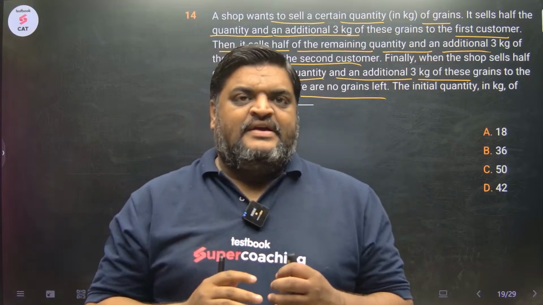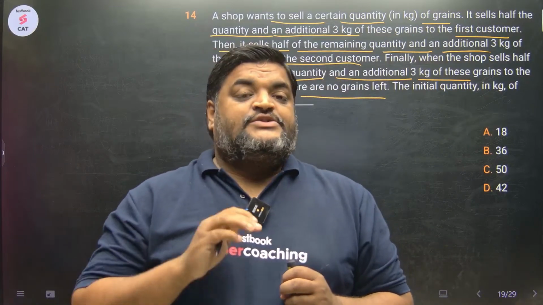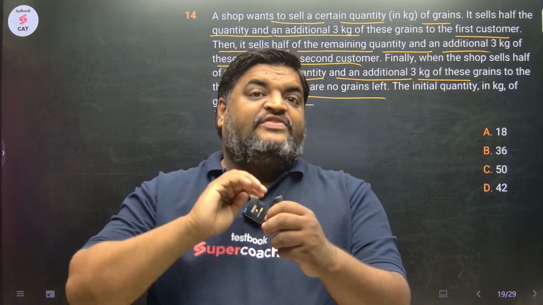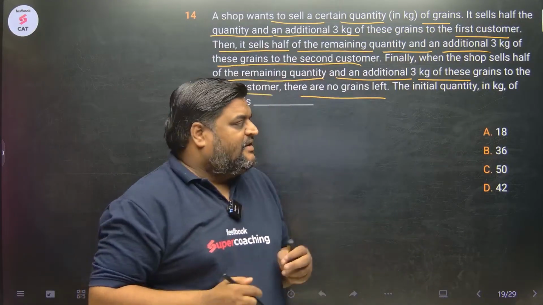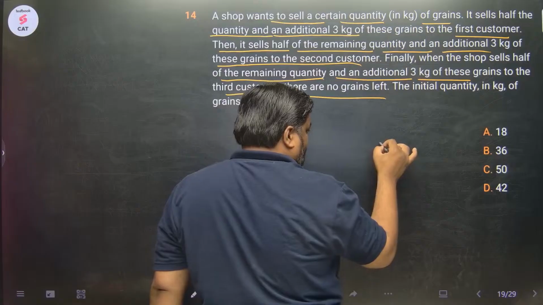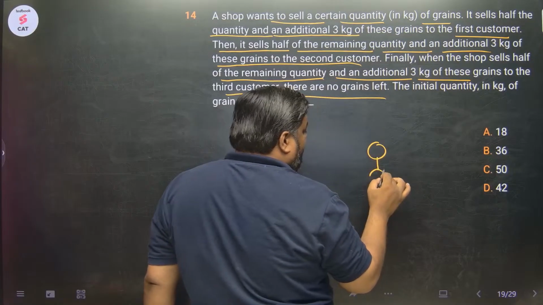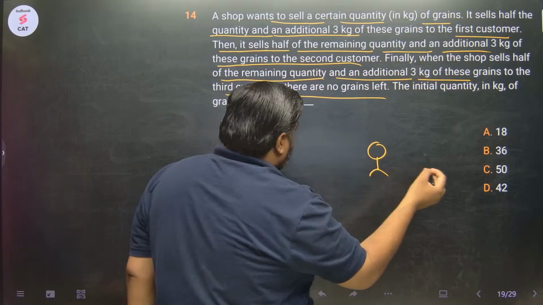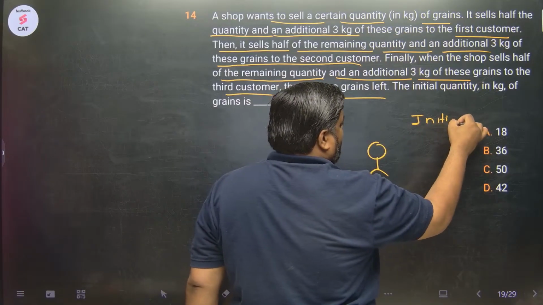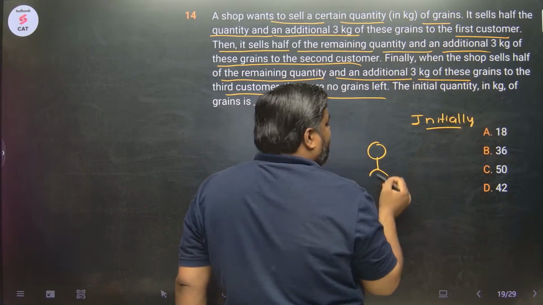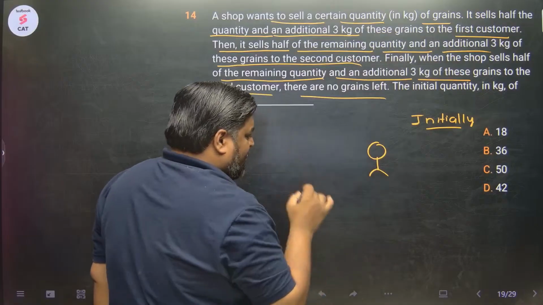First customer को he sold half and gave 3 kgs more. Now whatever he was left with, let this be the first customer. He sold half of whatever we had initially. Whatever he had, उसका half और 3 kg और दे दिया.